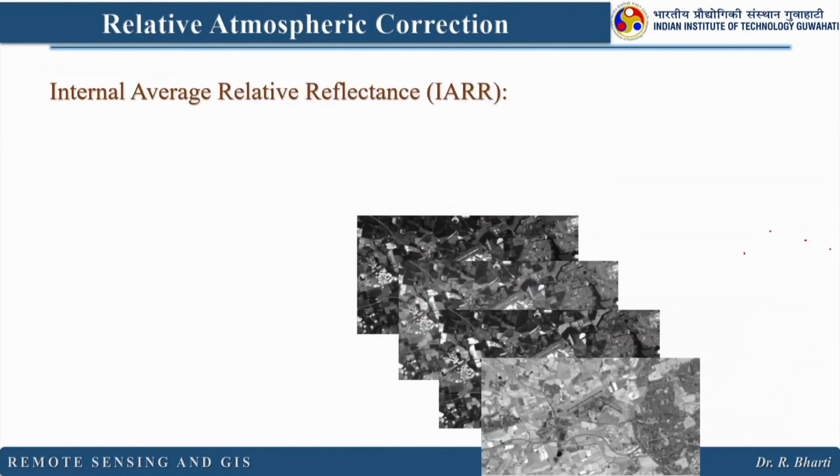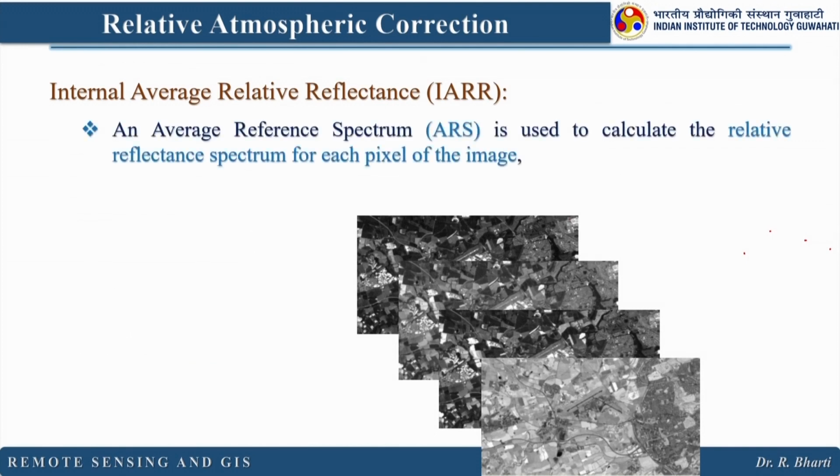The next method is internal average relative reflectance, IARR, where we estimate the average reference spectrum, which is used to calculate the relative reflectance spectrum for each pixel of the image. What I mean to say is that this whole image will have one matrix, and you can find one average value for each band: this will be 1, this will be 2, this will be 3, this will be 4.